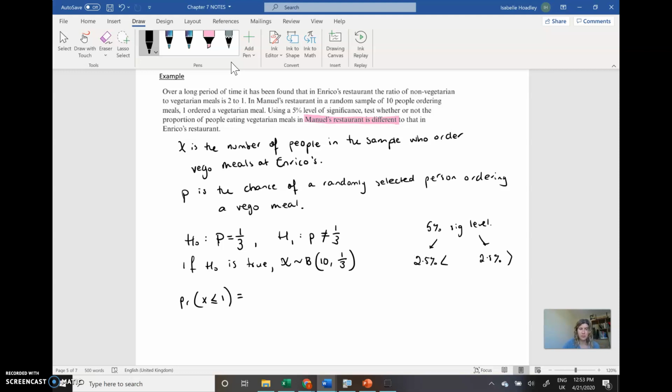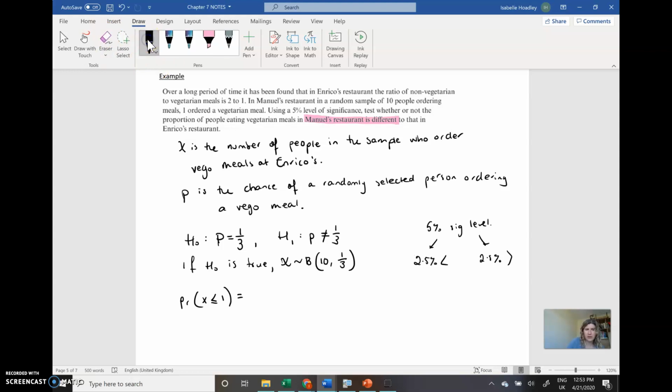Okay, so we're looking at the probability that one person or less orders a vegetarian meal. And we're setting that up, so we're going to do this as a binomial CDF, or you can do a PDF and add.